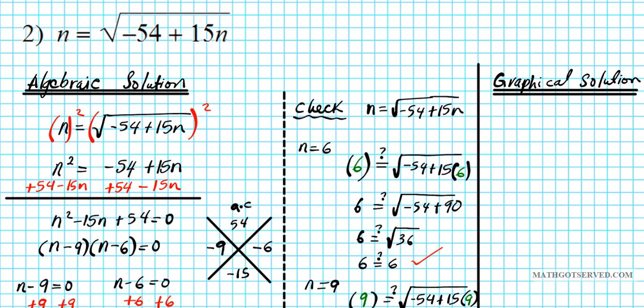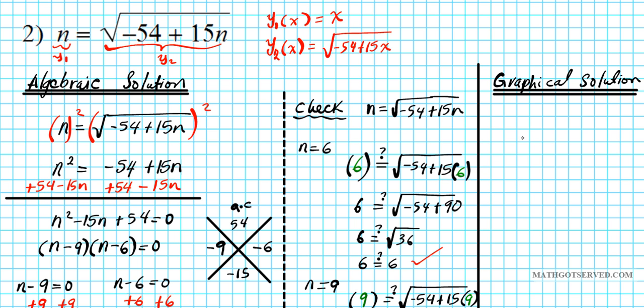This left side right here is going to be y1, and this will be y2. So y1 as a function of x will be x. We're just going to call n x in order to plug it into the calculator. And then y2 as a function of x is going to be the square root of negative 54 plus 15, and instead of n, we're going to use x.